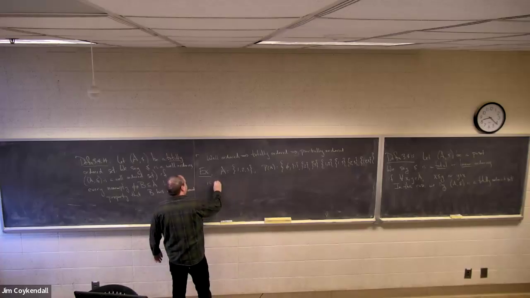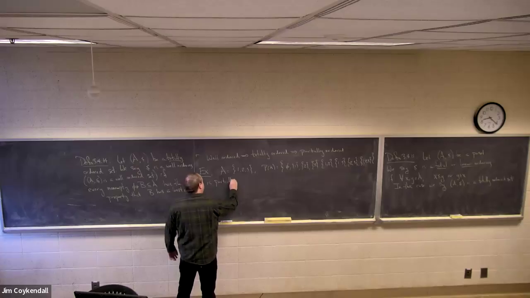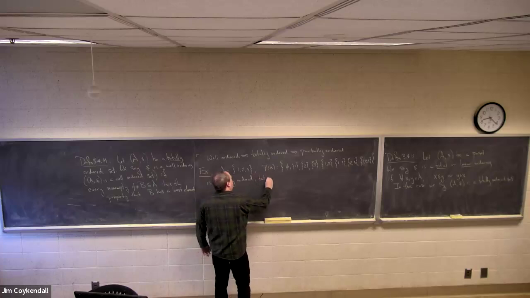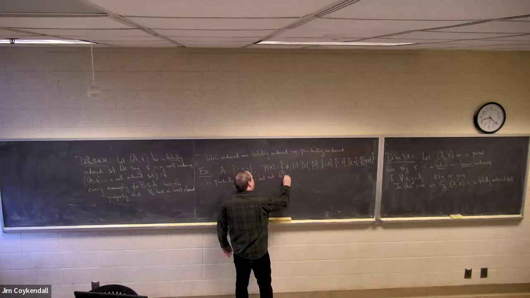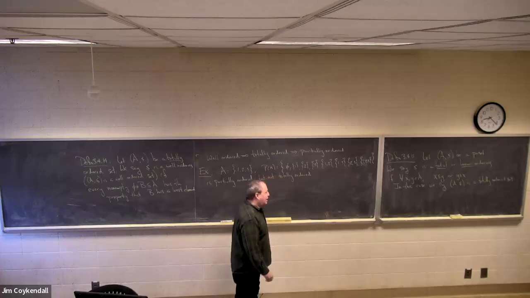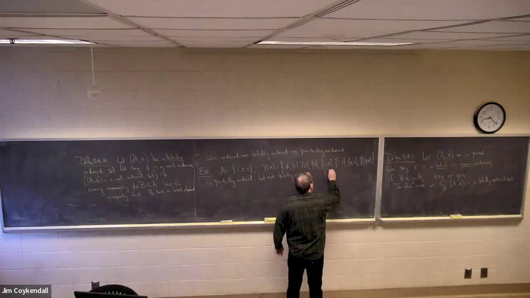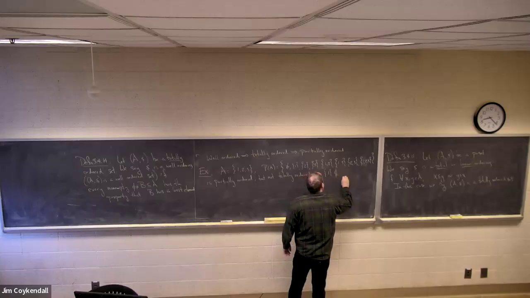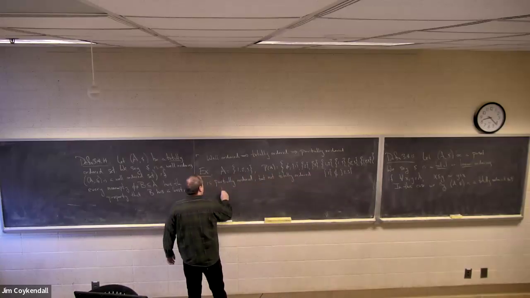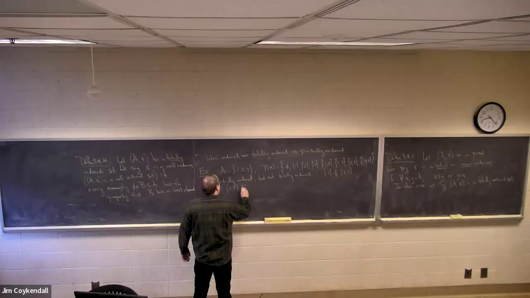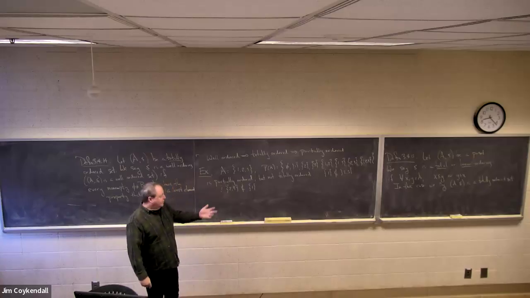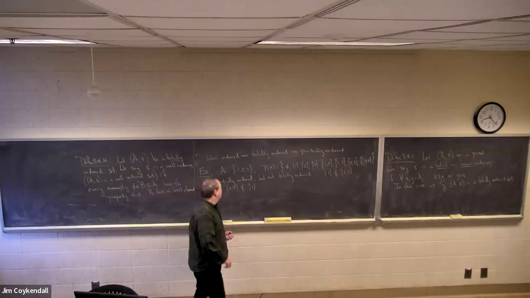This is partially ordered, but not totally ordered, because {1} is not contained in {2, 3}, and {2, 3} is not contained in {1}. So there's an apple and an orange that you can't compare.